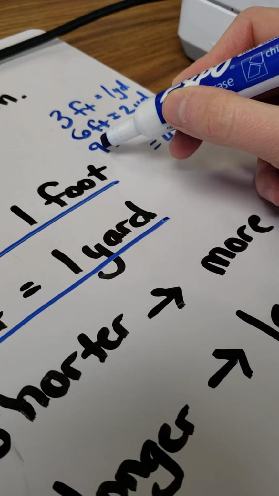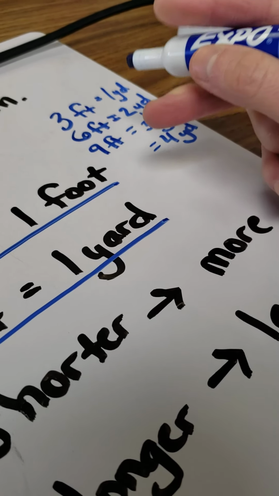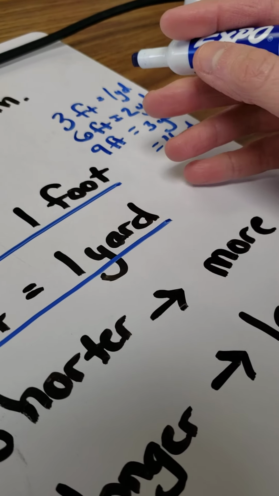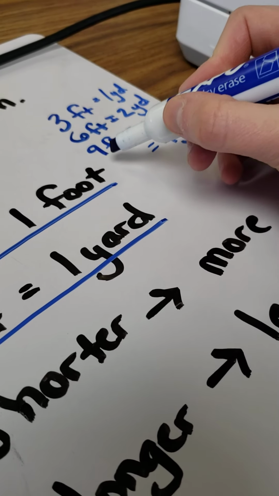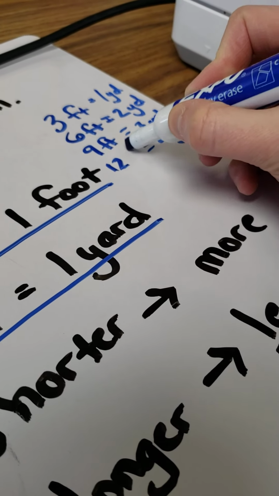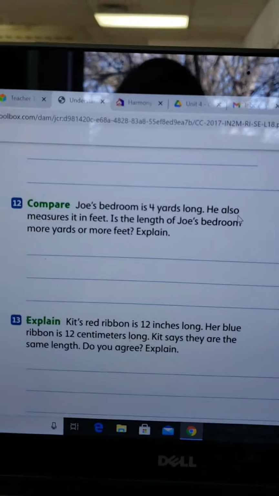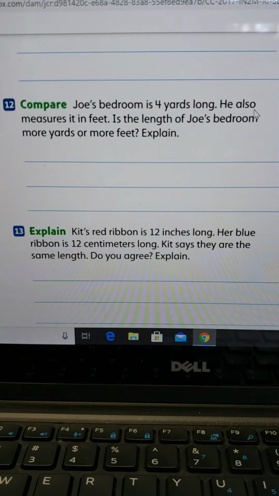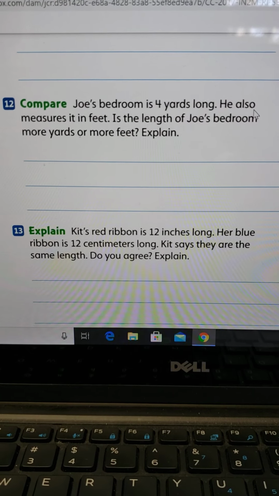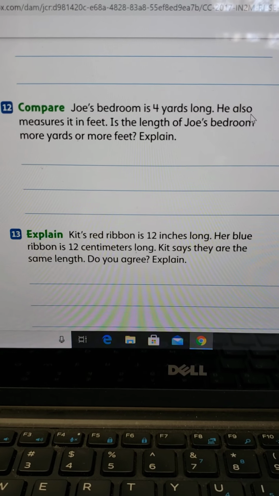So 9 plus 3. 3 plus 3 plus 3 plus 3. That's going to be 12 feet. So Joe's bedroom is 4 yards long, which is the same thing as 12 feet.